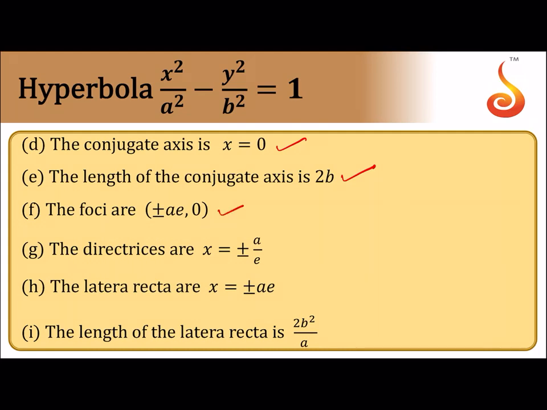So conjugate axis x equal to 0. Length of conjugate axis is 2b. Foci is plus minus AE comma 0. Directrix is x equal to plus minus A by E. Latus rectum equation is x equal to plus minus AE. Length of latus rectum is same as 2b square by A.